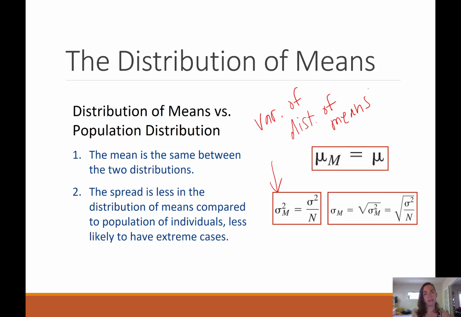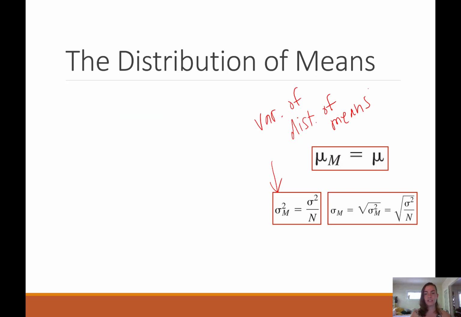And this is an adjustment we make. Someone came up with this formula to adjust for the extreme values. So we know that we want to shrink down the variance from the population distribution to the distribution of means, okay? Because on our previous slide, as I showed you, the variance should be smaller.